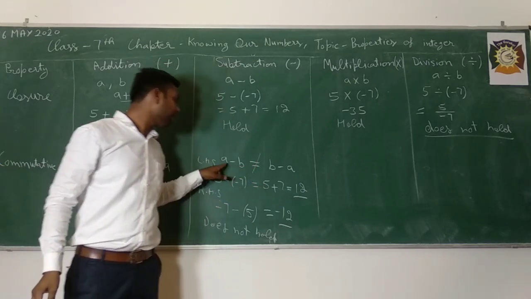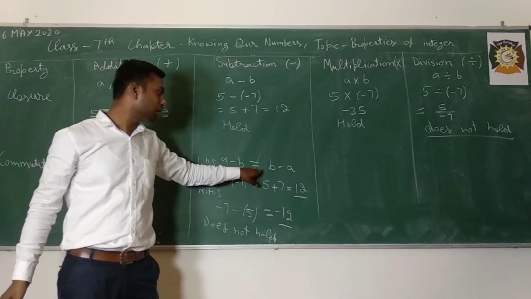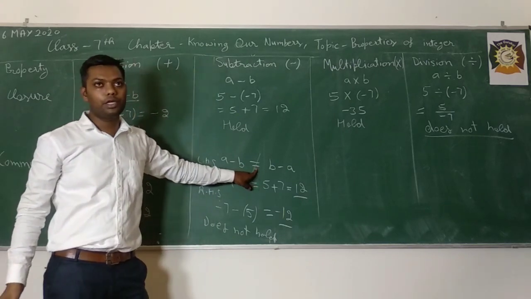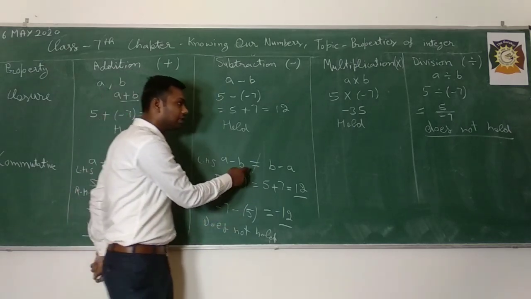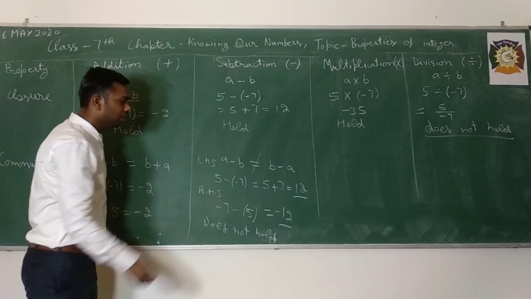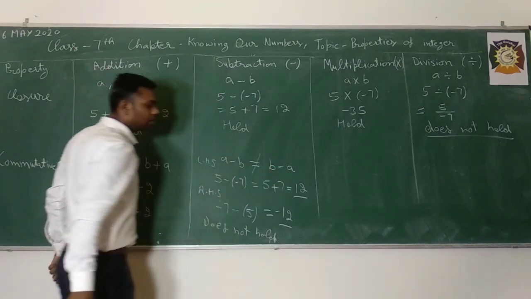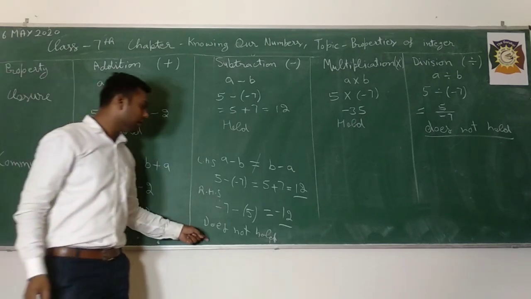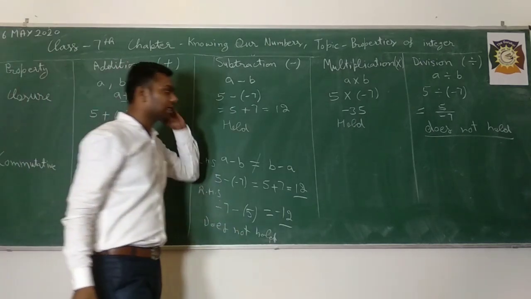Then we will say that A minus B not equal to. Read it: not equal to. This is the symbol of equal. If you mark cross or cut it, then we say that not equal to B minus A. That is A minus B not equal to B minus A. Then we say that the commutative property doesn't hold in subtraction.